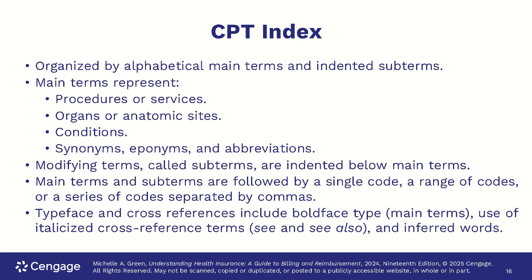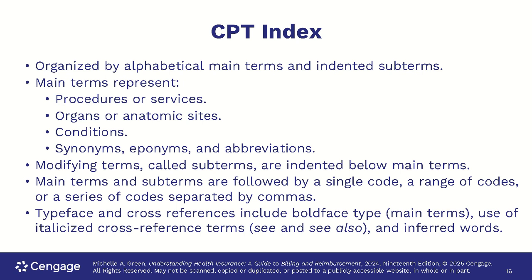CPT, we have four categories of main terms. And basically, what that means is don't say you can't find a code until you try one of these four: procedure or service, organ or anatomic site, condition, synonym, eponym, or abbreviation.